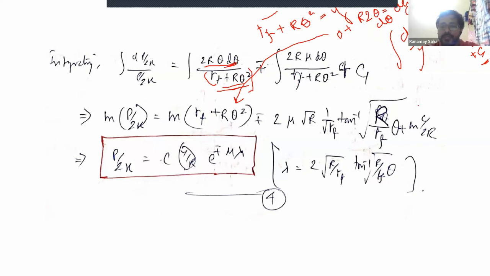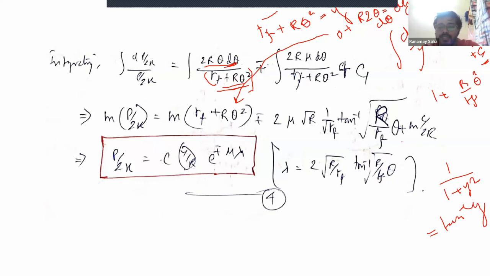You first divide it by tf, so that becomes 1 plus r by tf of theta square, the bottom part, right? Then you just assume it a variable. Then you can see what happens to be the integration of 1 plus an argument y squared. That is nothing but tan inverse of y, right? So in this case, our y is nothing but root over of r by tf, right?